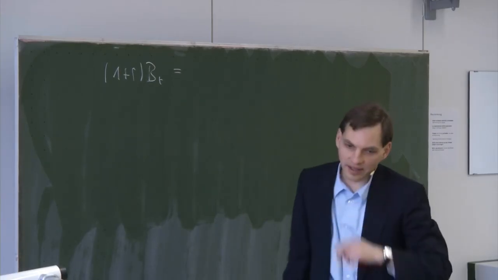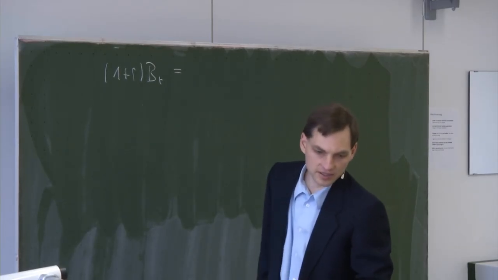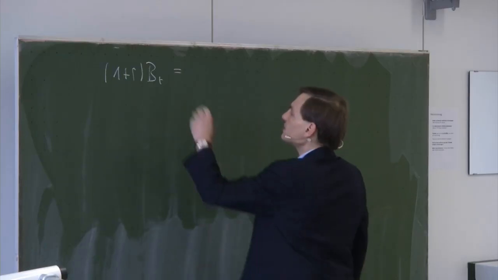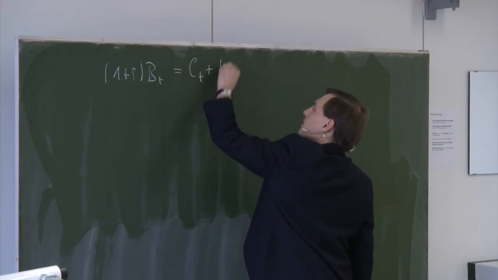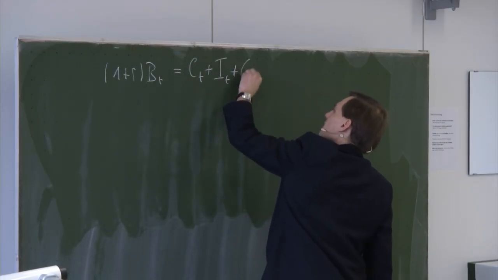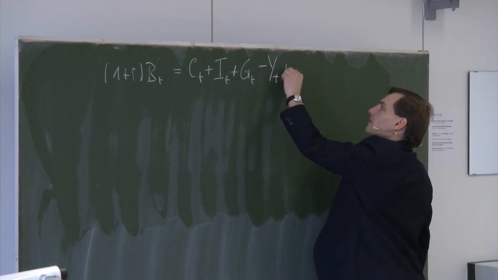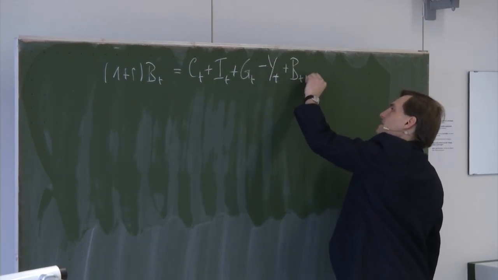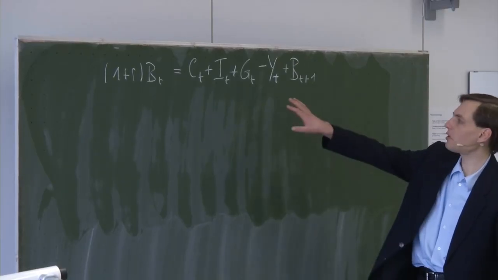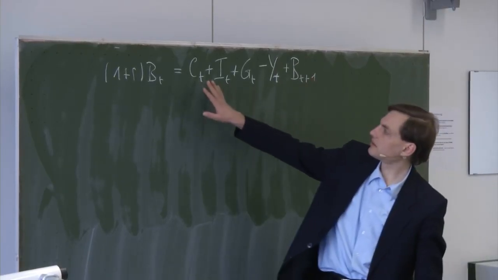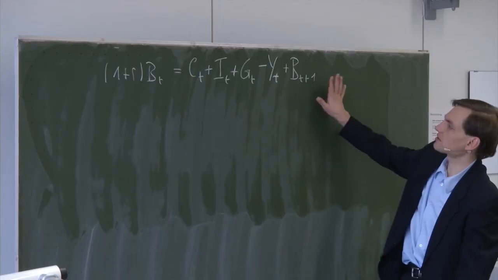And then on the other side, we had consumption plus investment plus government spending minus GDP plus the net foreign assets in period T plus 1. So at some point in our earlier discussion, we derived this constraint.